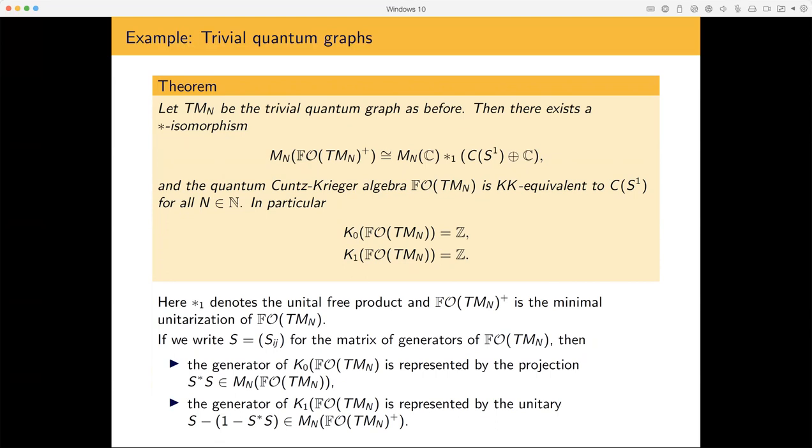I won't get into the details of that, but basically what one can check from this is that the algebra is still KK equivalent to functions on the unit circle. So in a sense, we have replaced our vertex by a matrix algebra, but that changes our algebra only up to KK equivalence. So we don't get any different K theory in this way.